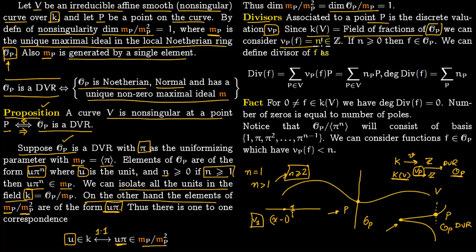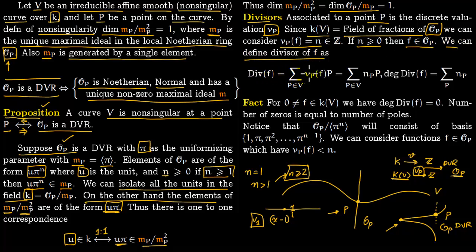So we consider the valuation of any function f to be n, which lies in the integers. So you're taking the valuation of all the elements here. Now if n is greater than or equal to 0, then you say that this function actually lies in the discrete valuation ring. So this ring actually lies within this, and you can say K(E) is also the field of fractions of O_P. So we can define the divisor of f.